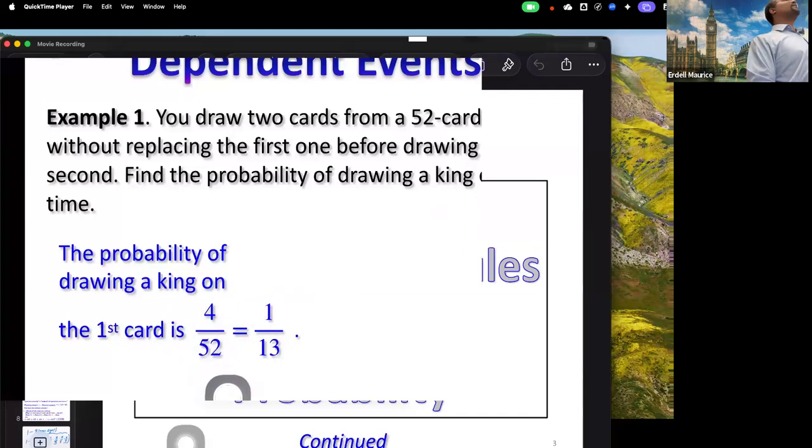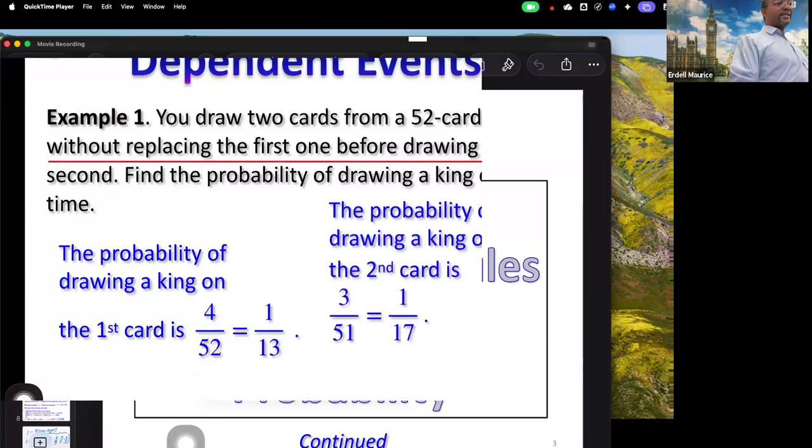But the second draw is not going to be the same, correct? Because there are fewer cards in the deck. In particular, there are fewer kings in the deck because you already have one king. And so the second king is going to be 3 out of 51, 1 out of 17. Therefore, to find the probability of getting two kings, you multiply the probability of getting a king by the probability of getting another king, and that gives us 1 out of 221.